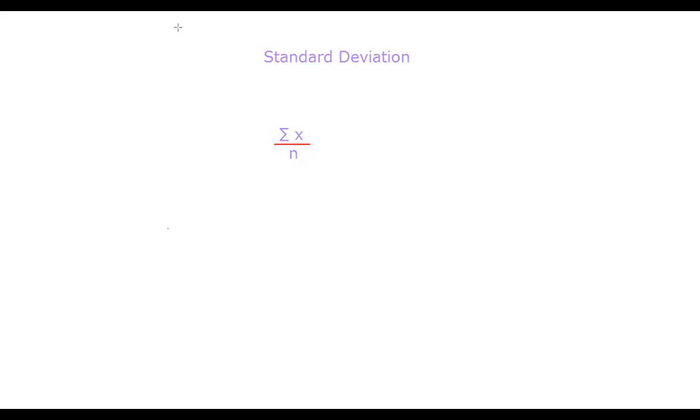So the formula for standard deviation, in short form we can write as SD, which is equal to sigma x square divided by n.